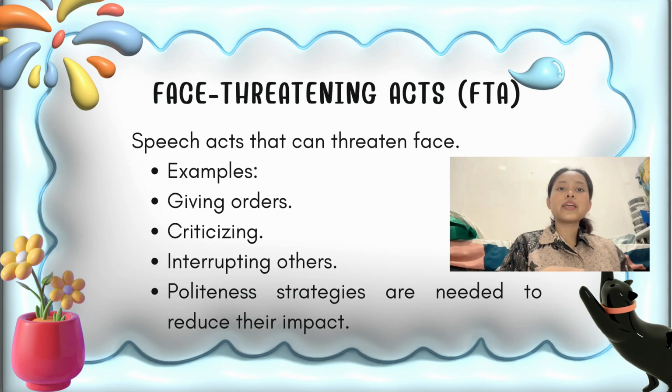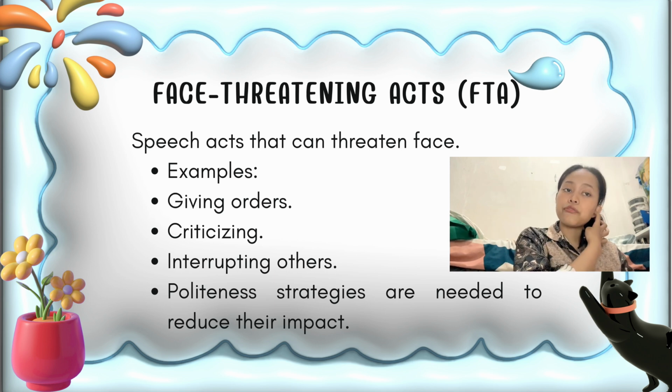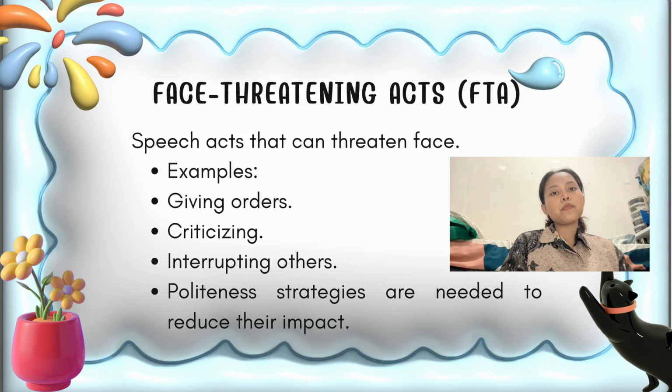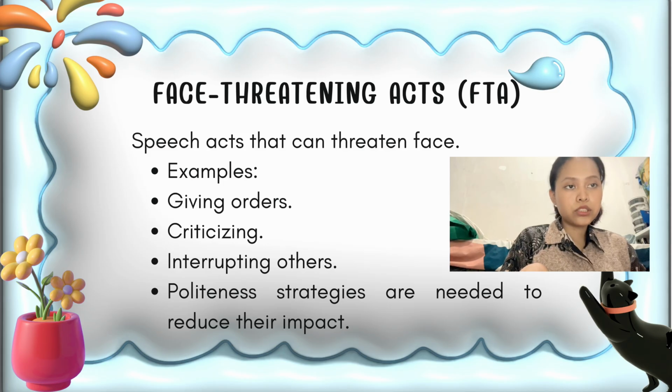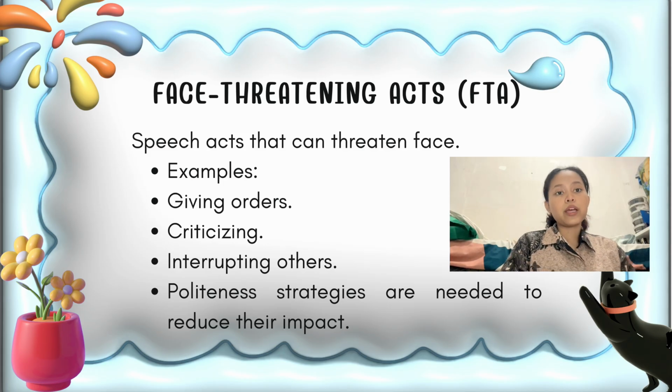Let's look at face threatening acts, or FTA. Face threatening acts are speech acts that can threaten someone's face. Examples include giving orders, criticizing, and interrupting others. Because these acts can be threatening, politeness strategies are needed to reduce their impact.